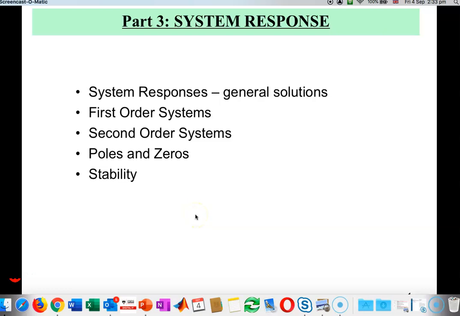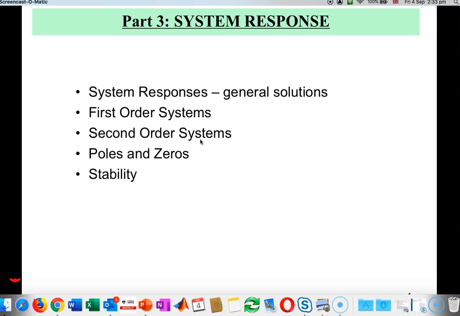Okay, so we have looked at how to find a different way of representing a system using Laplace transforms and transfer functions. In this part, we're going to look at how to find the system responses without having to solve differential equations, i.e. we're going to use transfer functions to do that.